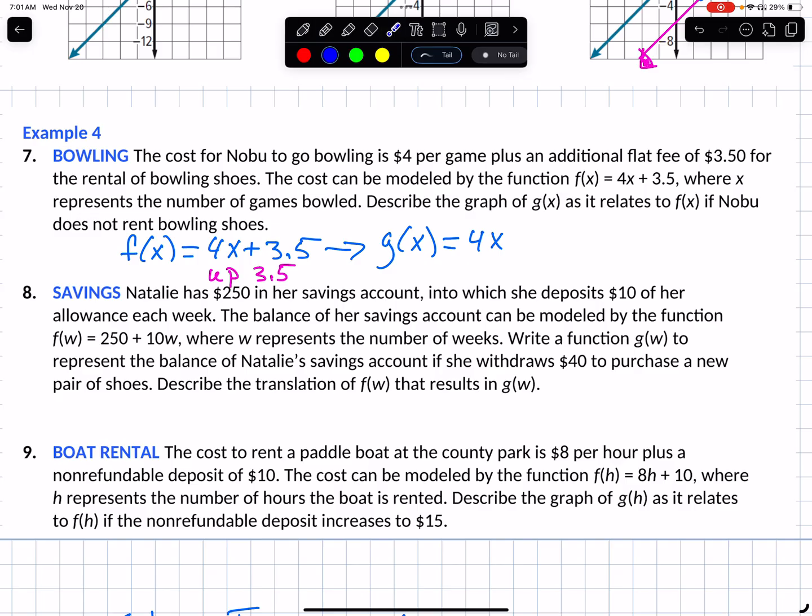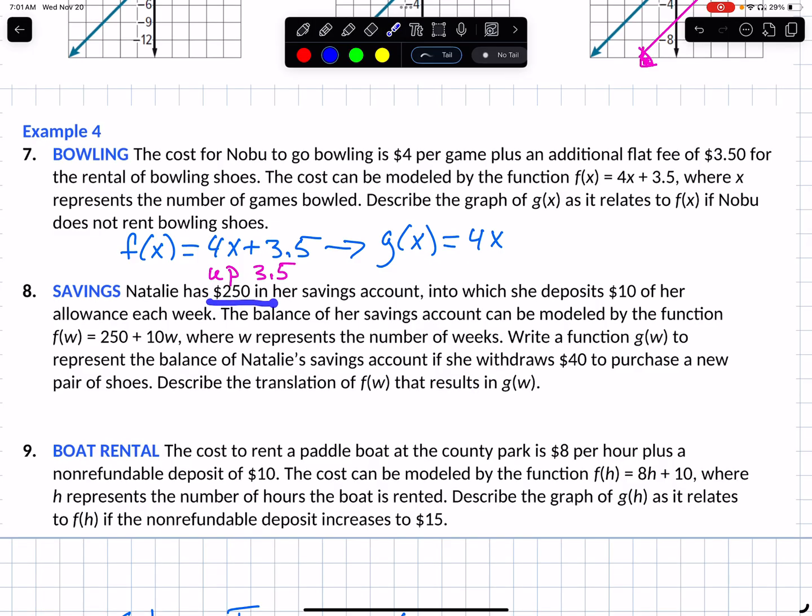So if we look at our next problem, Natalie has $250 in her savings account in which she deposits $10 of allowance each week. So we look for that word, each or per, and we know we have to have a variable here, right? So where W represents the number of weeks, and we're going to write a function g of W to represent the balance of Natalie's savings account if she withdraws $40.